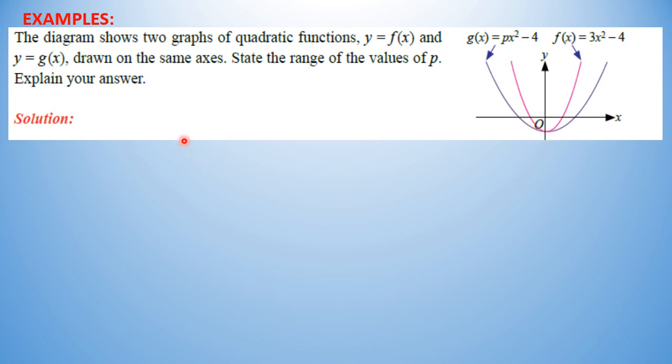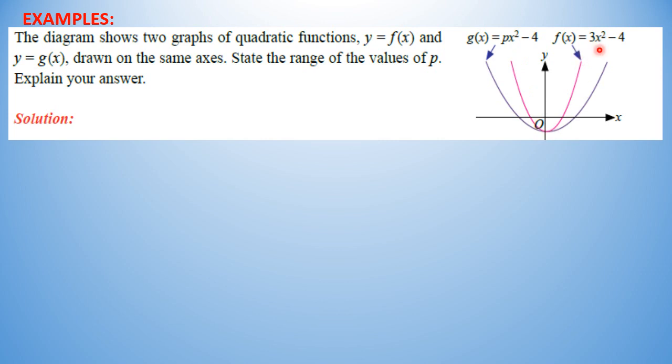From the previous slide, we know that if the graph is wider, the value of a is smaller. If the graph is narrower, like this pink one, the value of a is bigger. So the value of p here should not be bigger than 3, okay?